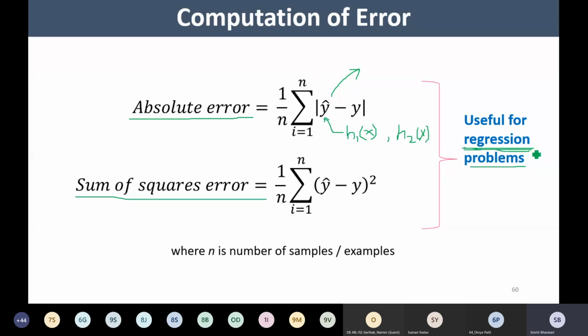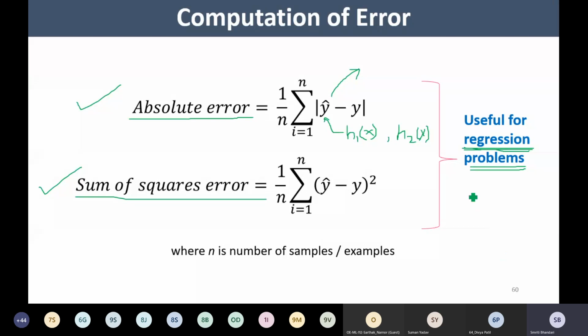We have different metrics for classification problems. Whatever we discussed right now, computation of error in terms of absolute error and sum of squared error, these two metrics are more meaningful and useful for regression problems.